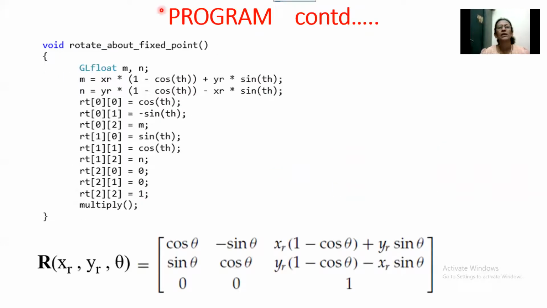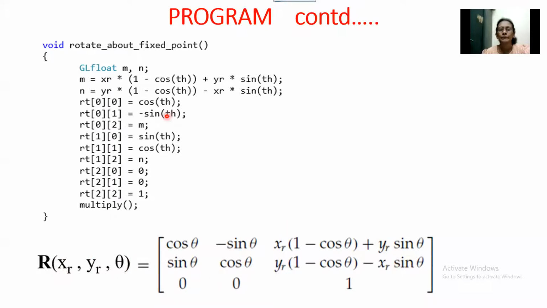Next, if you select rotate about fixed point, then what should you do? We have just now seen that the composite transformation matrix to rotate the point about the fixed point XR, YR by an angle theta is given by this.